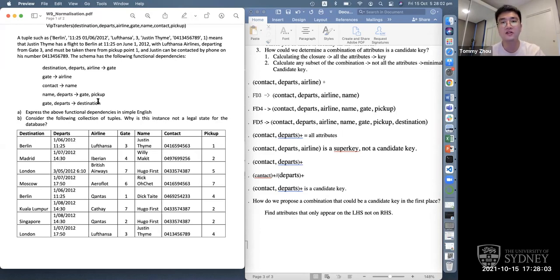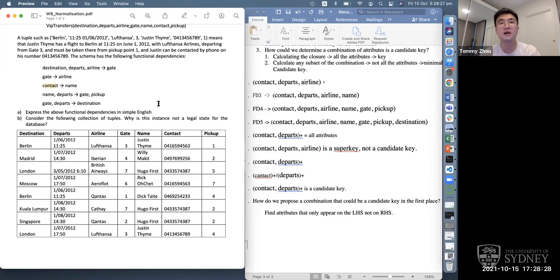So what are the attributes that only appear on the left-hand side in this instance? Contact, yeah, that's right. Contact only appears on the left-hand side, but on the right-hand side in all those FDs, we can't find contact.